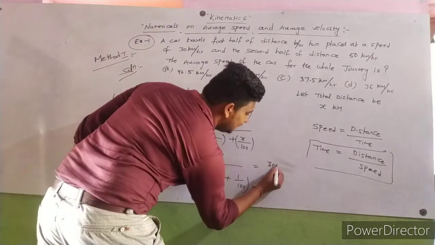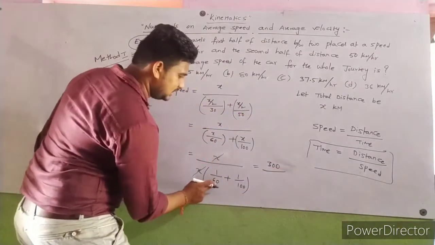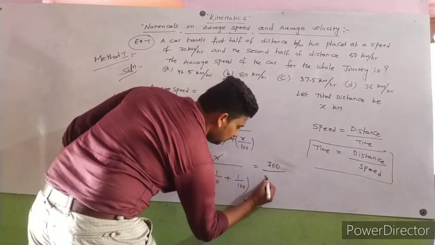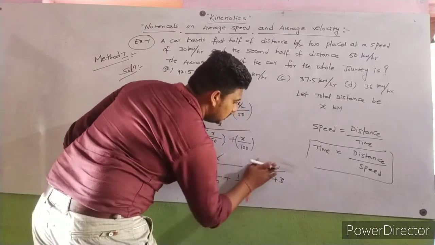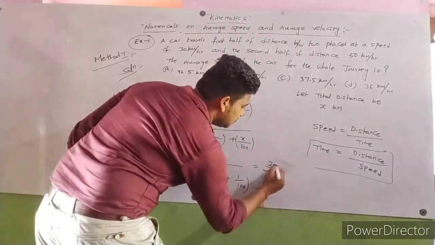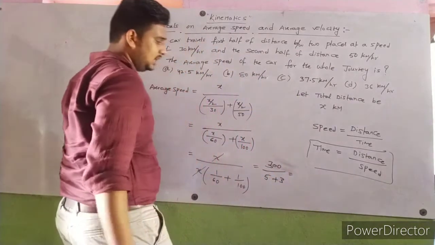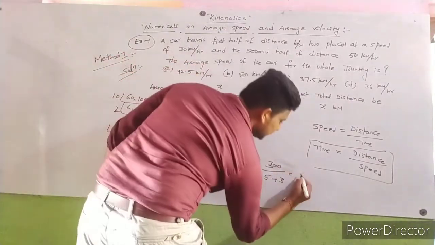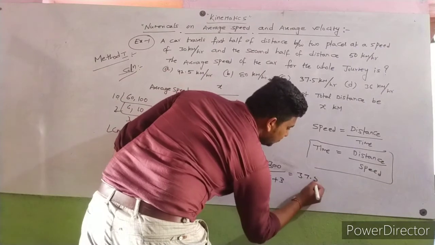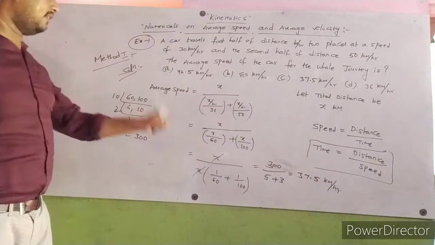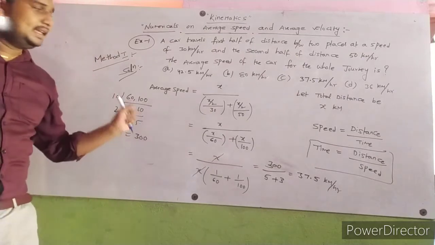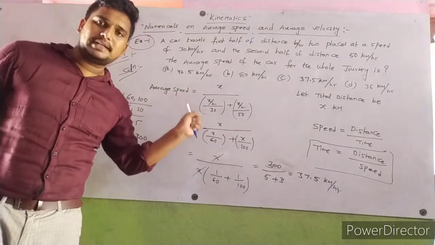So this 300 moves above here. 60 goes 5 times, 100 goes 3 times. So we get 300 by 8, which is nothing but 37.5 kilometers per hour. Finally, the average speed value we got is 37.5 kilometers per hour.